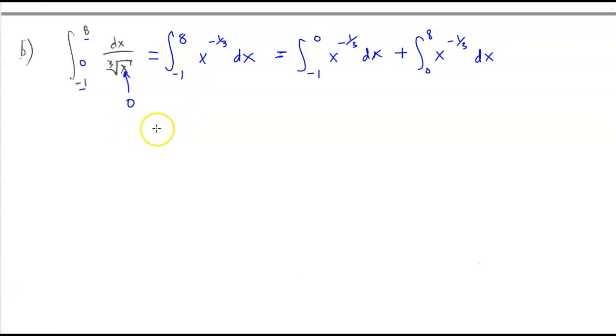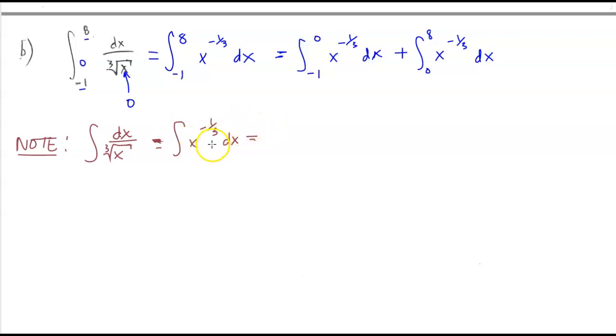Now, to make life a little easier on us here, one thing that we want to note is that if we did the indefinite integral of 1 over the cube root of x, which we know could be rewritten this way.